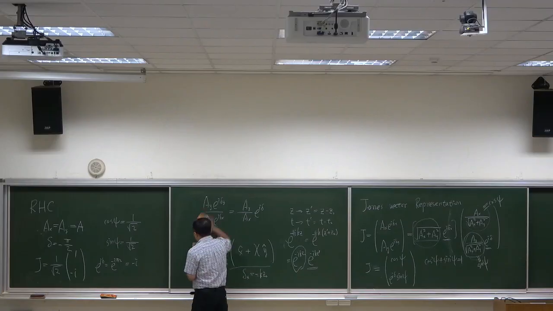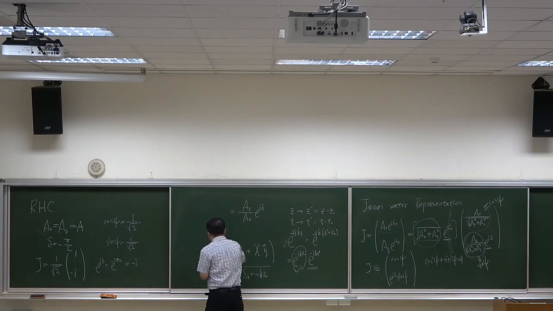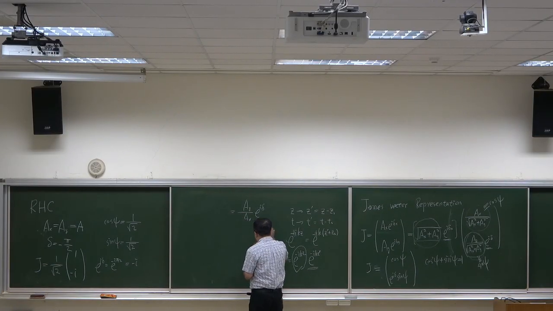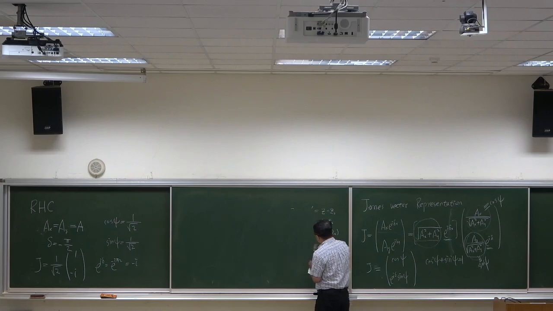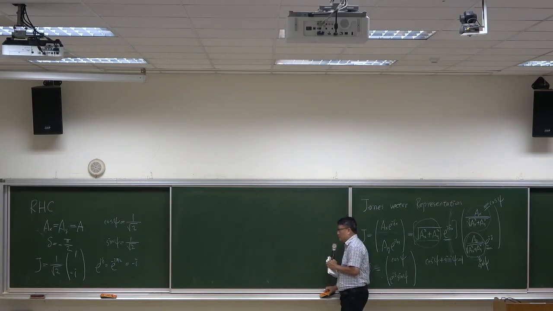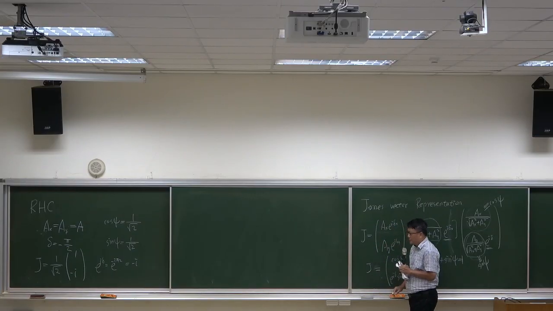You see that the right-hand circularly polarized light has the form that its x component is real and its y component is pure imaginary.